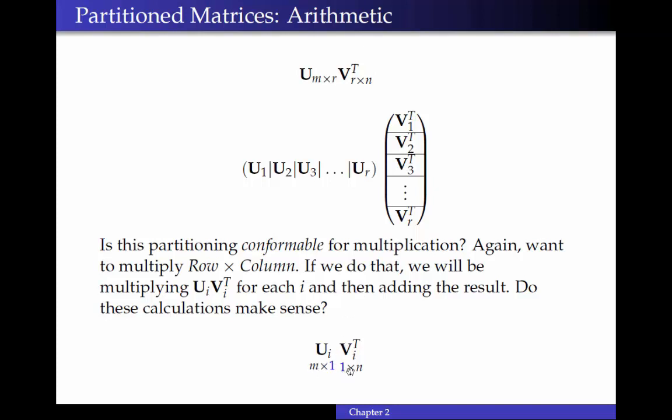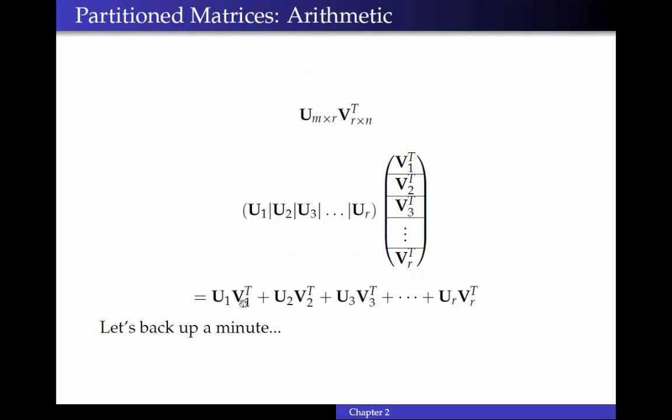So you can see, yes, absolutely, these things are conformable for multiplication, and each of these terms is actually going to be an M by N matrix. So backing up here, I am taking the sum of several M by N matrices to get this product result.